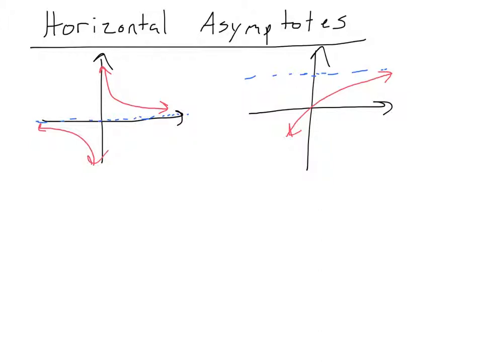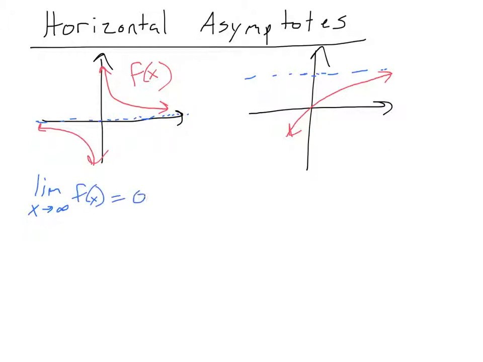So what's happening here, let's say this function is f of x. I just talked about limits a second ago. What's happening here is the limit as x gets really big. So let's look at this side. As x gets really big here, the y value is getting close to 0, but never quite getting there. But the limit, if we went all the way out to positive infinity of f of x here, would be 0, right?